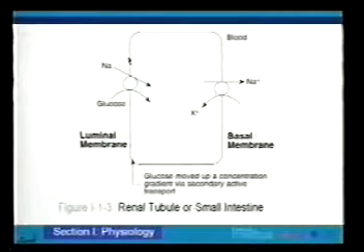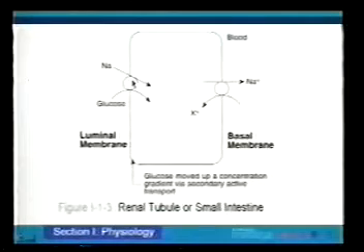Now, the secondary active transport of glucose occurs on the luminal membrane. This is where we have that specific protein transporter that co-transports the sodium and glucose across the membrane. The big point here is that this process is powered by the sodium concentration gradient across the luminal membrane.